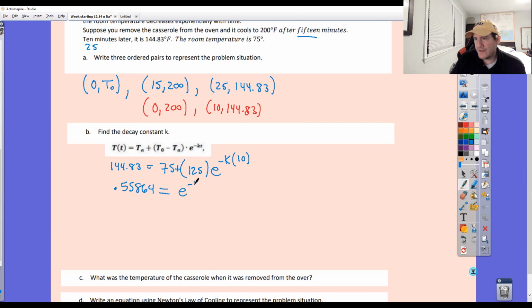This equals e to the negative k times 10. You're taking the ln of both sides. That'll give you just the exponent, negative 10k. So you'll take a negative a tenth of that.